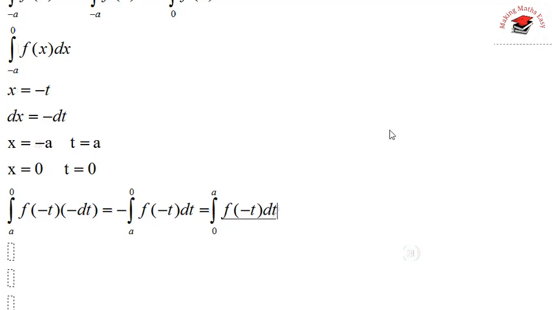Now this integral from a to 0 of f of minus t dt is with respect to t. The definite integral of any variable with respect to t always corresponds to the definite integral of that variable with respect to x. So, resubstituting the values, instead of t we take x, and instead of dt it is dx.